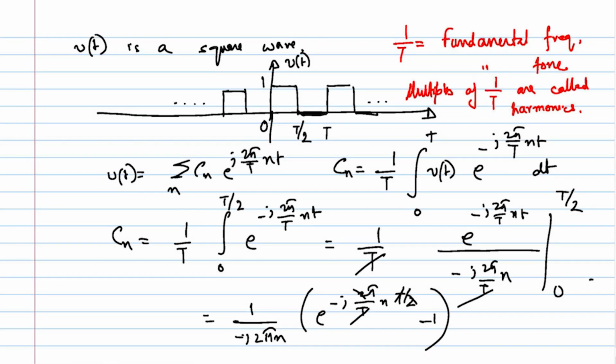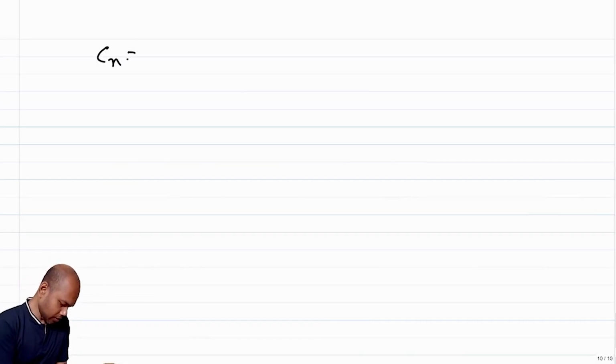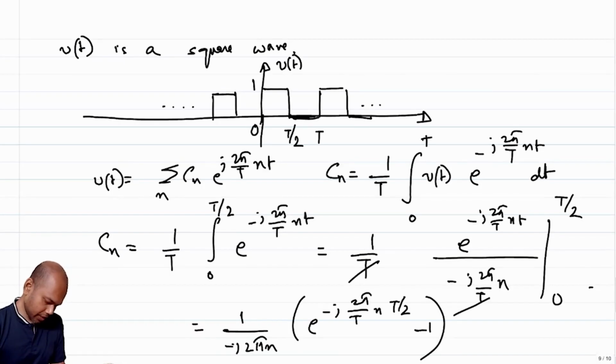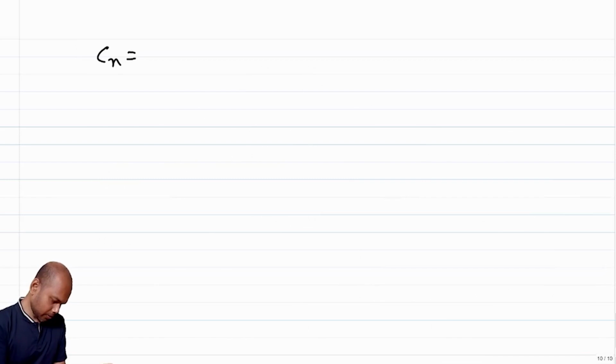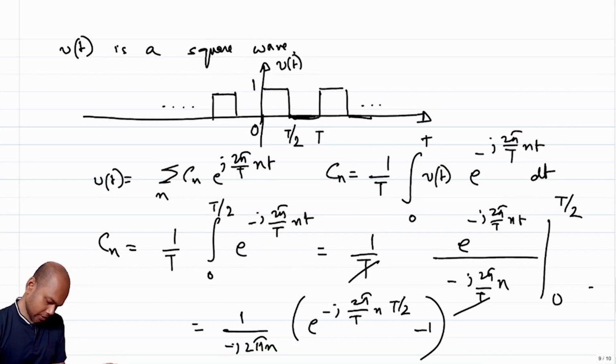So let me write it down. This becomes Cn equal to 1 by j 2 pi n times 1 minus e to the power minus j pi n.